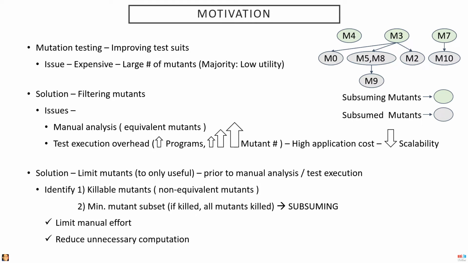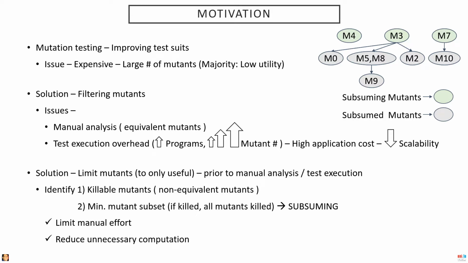The only solution to lowering down the manual analysis and test execution overhead is to select the useful mutants prior to any processing. Here we must discard or filter out the equivalent mutants, and more importantly, we must identify subsuming mutants because, as I explained earlier, these are the ones that are at the top of subsumption hierarchy, subsuming all other mutants.